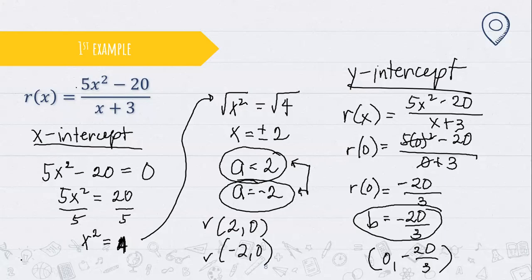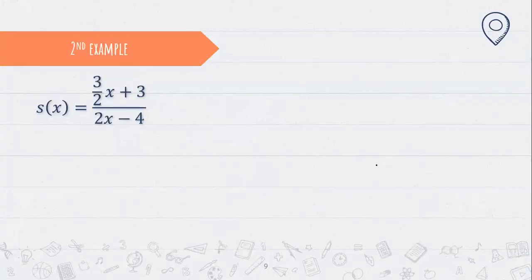Okay. Second example tayo. We have s of x is equal to 3 over 2x plus 3, all over 2x minus 4. Okay. Ang gagawin natin ngayon is, since alam niyo na rin kung paano kunin yung intercepts, x-intercept and y-intercept, kayo muna yung gagawa as of this moment.